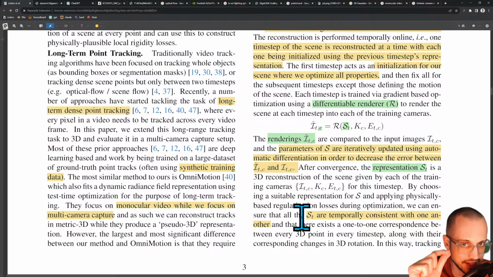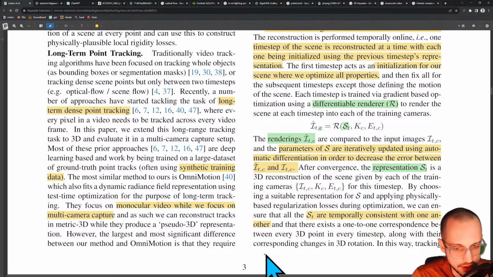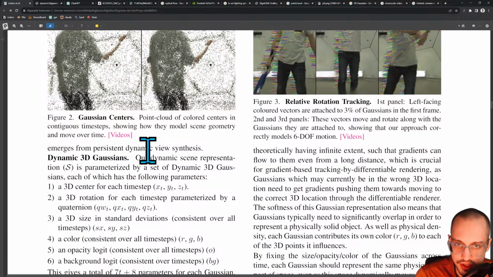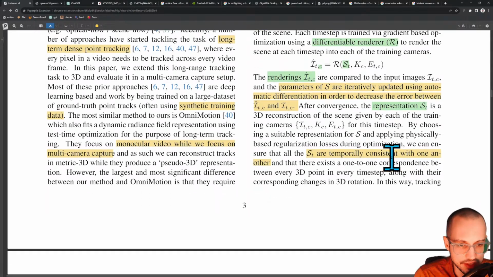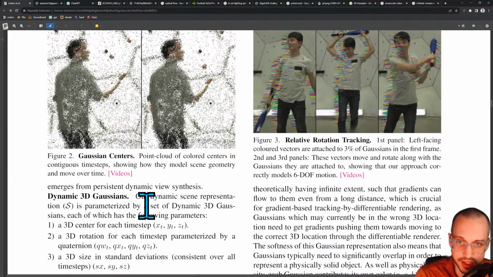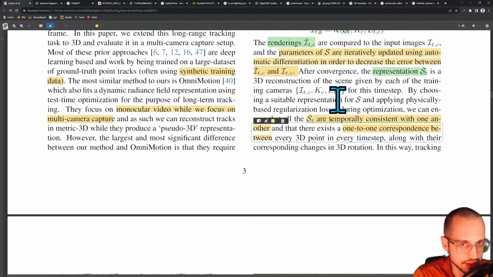That Gaussian at index 452 is going to be the same Gaussian at index 452 at the next time step. There exists a one-to-one correspondence between every 3D point and every time step, along with their corresponding changes in 3D rotation. In this way, tracking emerges from persistent dynamic view synthesis. And this is what they mean, is that you did not need to give it this correspondence explicitly. You just get it, right? So you just get this one-to-one correspondence. So if you needed that for some other reason, now it's very convenient. Now you just have it for free.